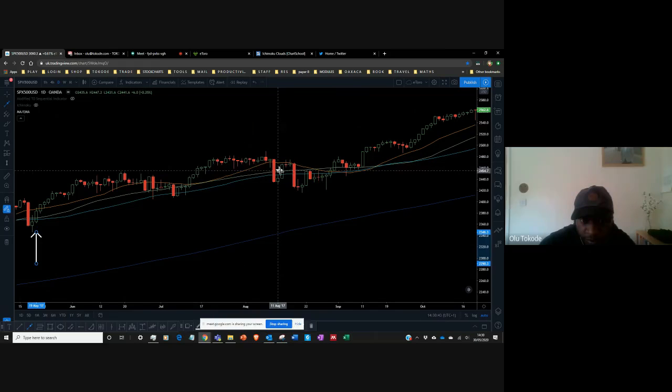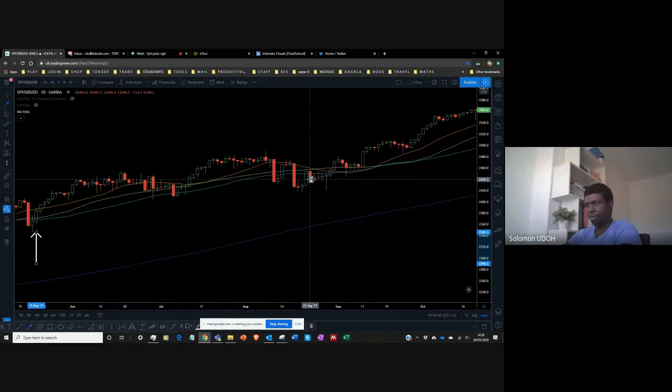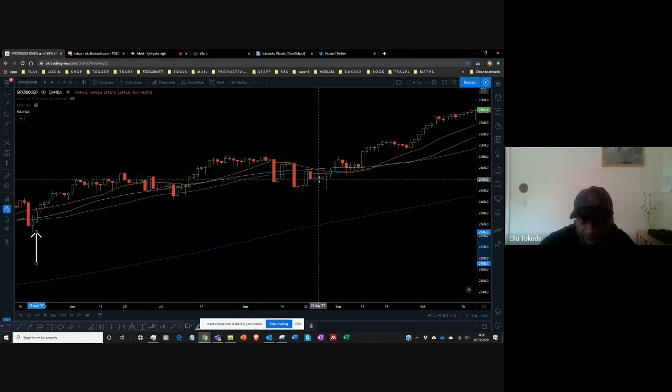Here there's a bit of trouble. You can still stay in the trade here because when your orange moving average is beneath, your green is in the middle, and the blue is above, then it's becoming bearish. So right now it's not bearish, it's just a consolidation.